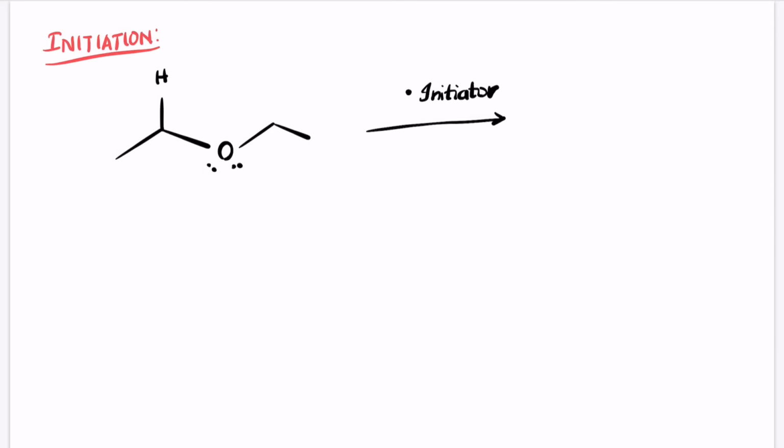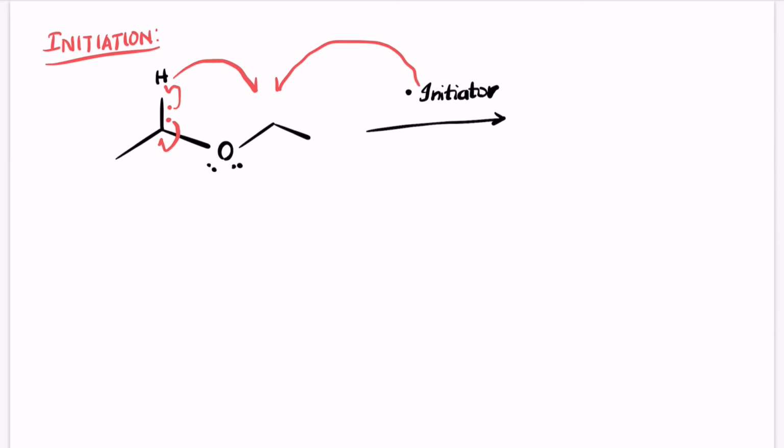Now, what happens here is that the hydrogen splits its two electrons. These are the two electrons. One of those electrons will go to the carbon and the other electron will go towards the hydrogen. The initiator comes with one electron and the hydrogen goes with one electron and forms a separate substance.